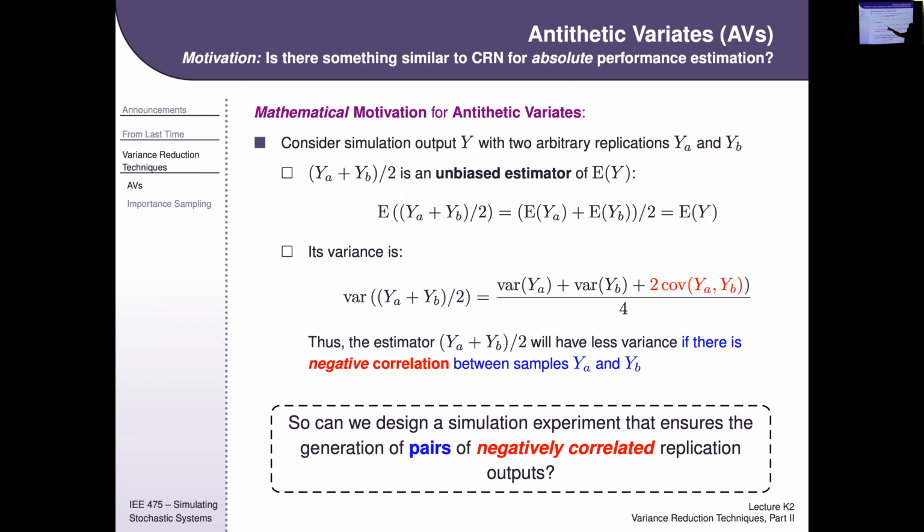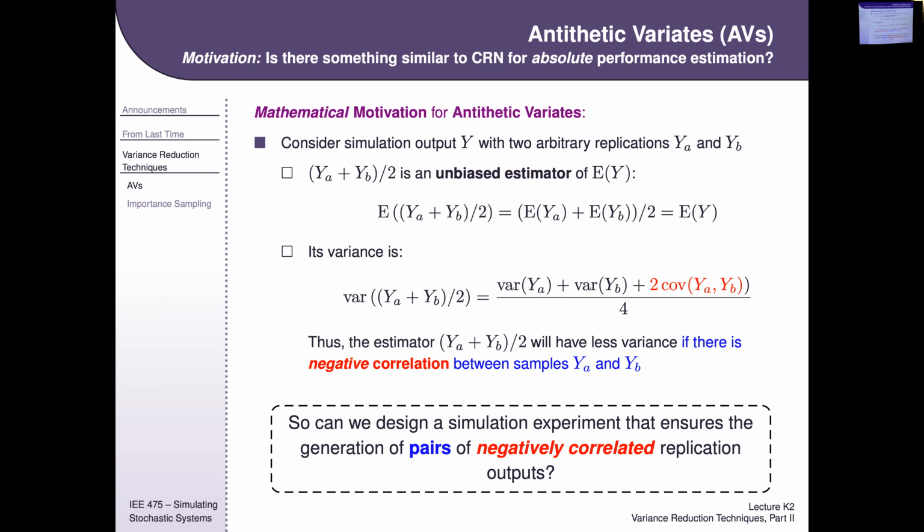The variance of this average of the odd one plus the even one, 1 plus 2, 3 plus 4, and so on, is going to be the variance of the odd one plus the variance of the even one plus their covariance. And so if we can somehow engineer the simulations so that there is a negative covariance, in other words, if the first one's likely to be high, the second one will be likely to be low.